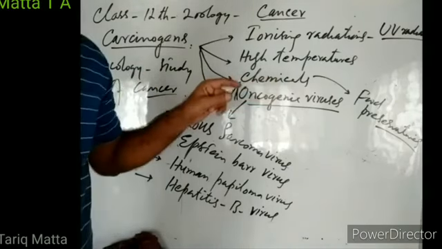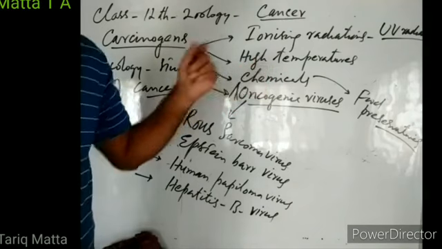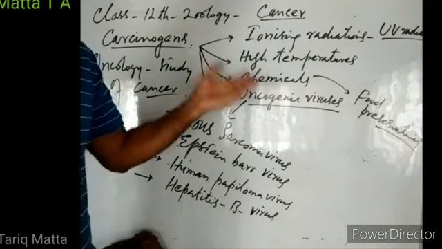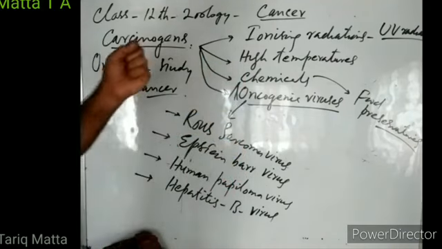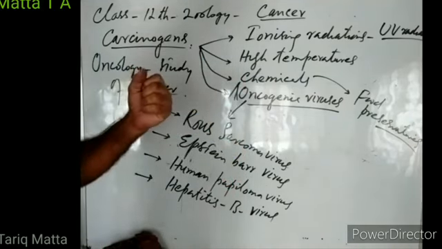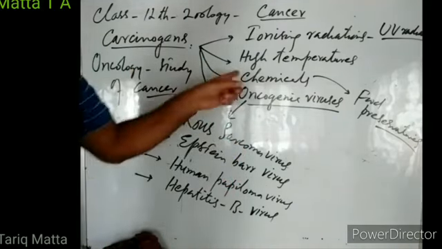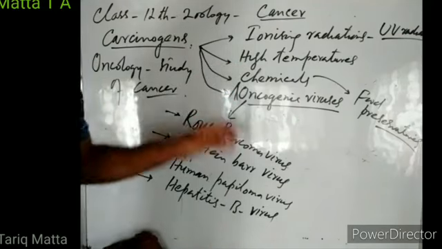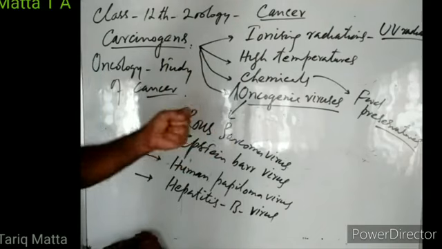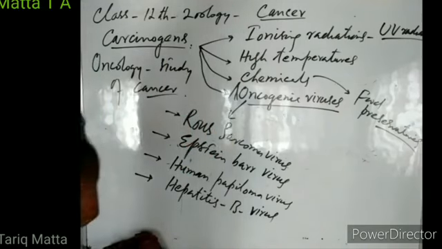There are various chemicals which are present in our foods and in our environment. For example, asbestos. Those persons who are working in asbestos factories are mostly prone to lung cancers. Those persons who are constantly exposed to smoke are also prone to lung cancers.